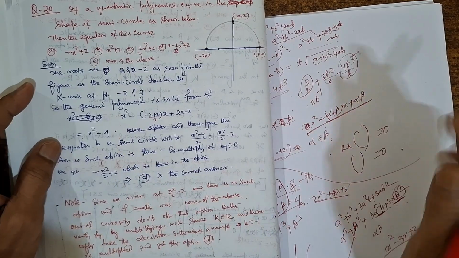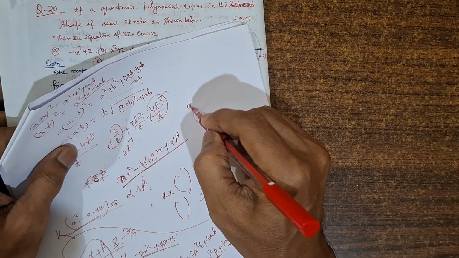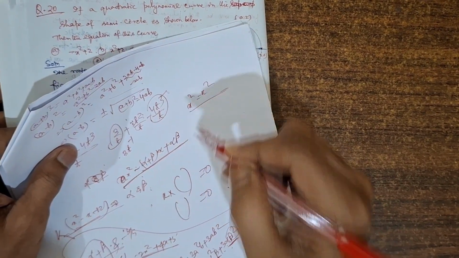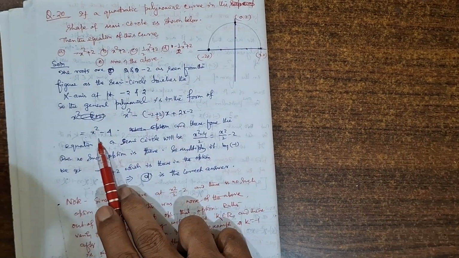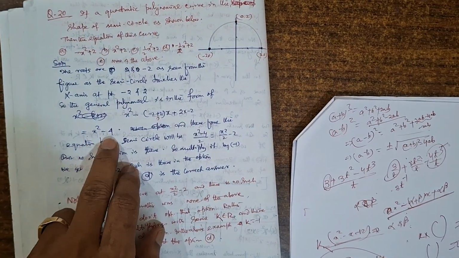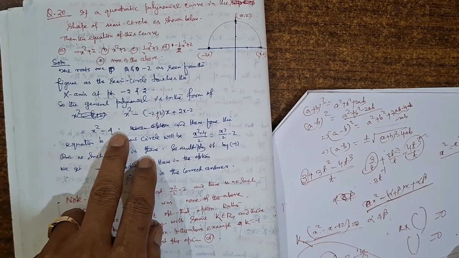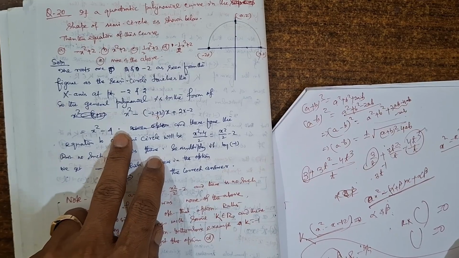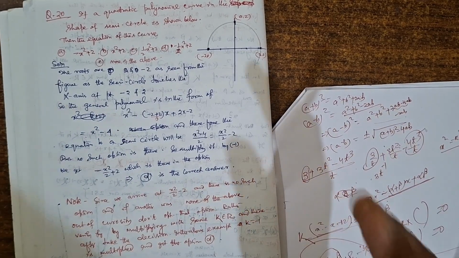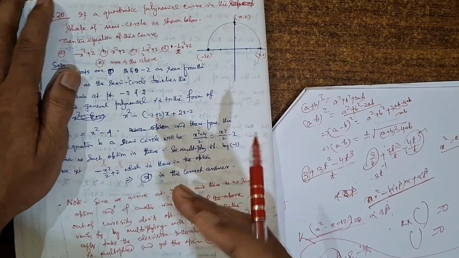And we know that the equation of a circle is x square is equal to r square. x square minus 4 is equal to 0 means x square is equal to 4. Okay, r square, r is 2, x is equal to plus minus 2, but the distance will not be negative, so ultimately r will be 2.